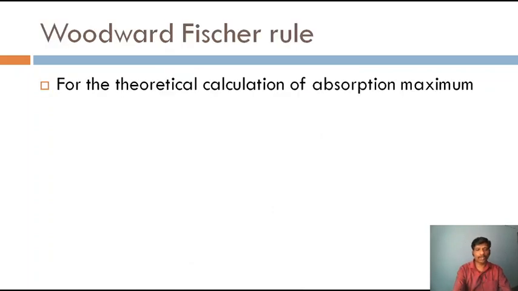You also know the Woodward-Fieser rule. After you find the compounds and record the UV spectrum, in the explanation part you can also make a theoretical calculation based on the Woodward-Fieser rule, which I think you have already studied in your PG. You can make a theoretical calculation and compare it with your recorded spectra.